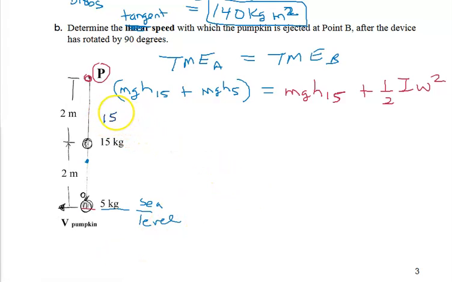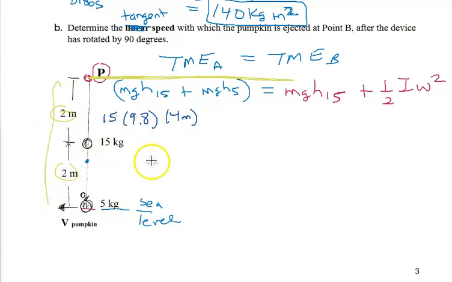All right, so let's just plug and chug. 15, 9.8. It is 4 meters above sea level. I hope that makes sense. Let's do this in pale green. That's where this was at the start, and that is 4 meters above sea level.